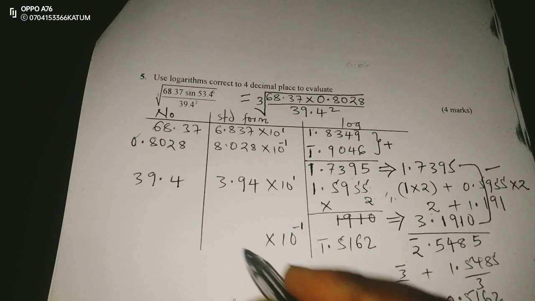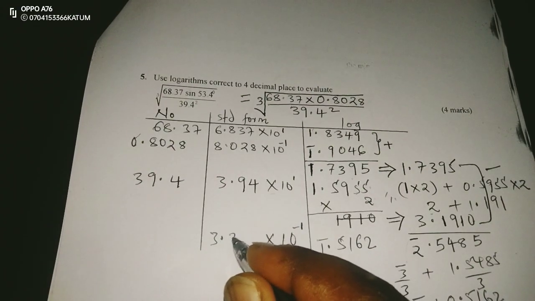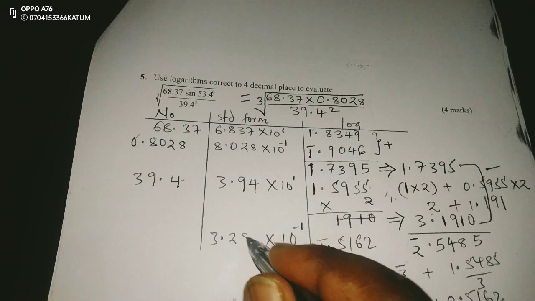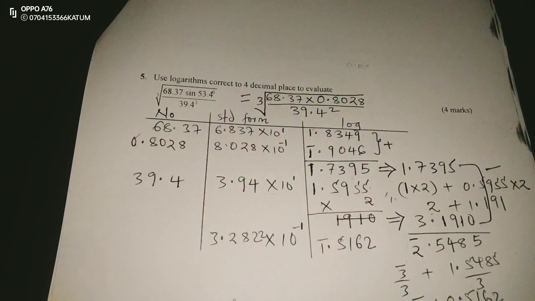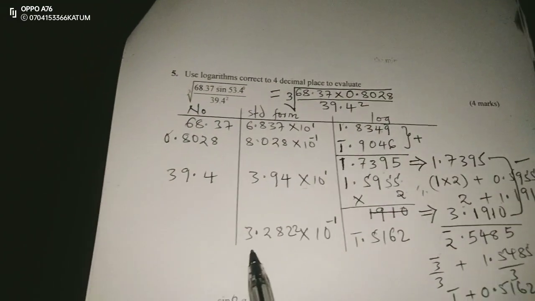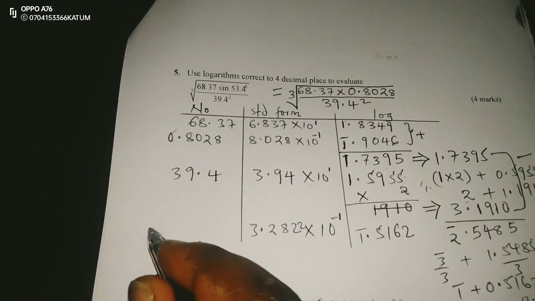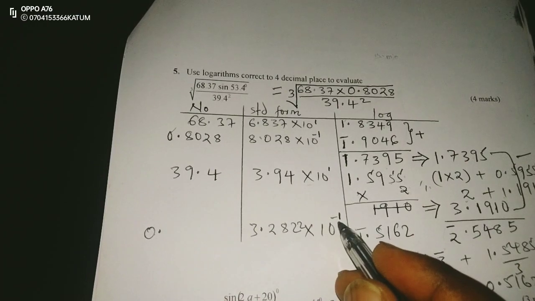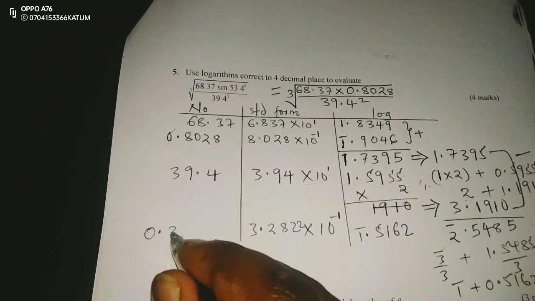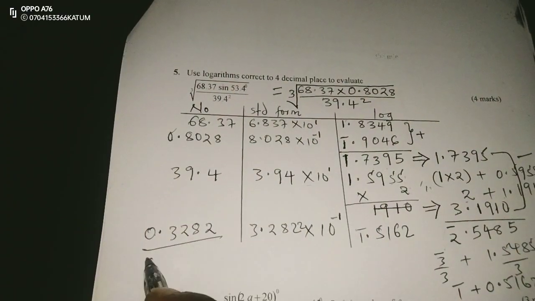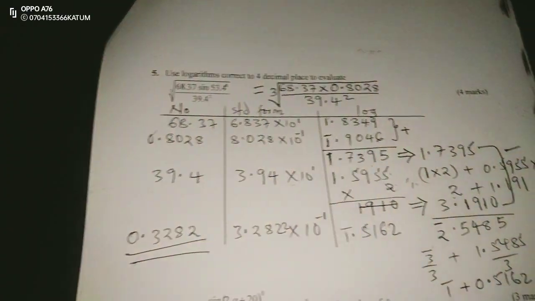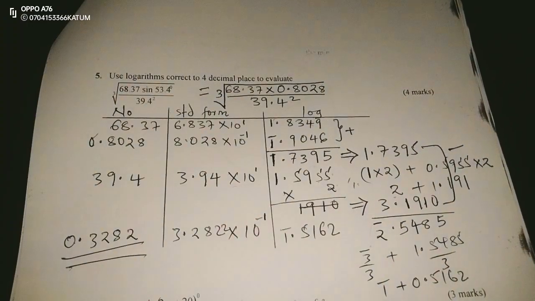This is going to give us 3.282822, that is to 4 decimal places. But now at this point we shall have 0. When we multiply now by this negative 1, 3282 to 4 decimal places. So that is how we get to the answer.